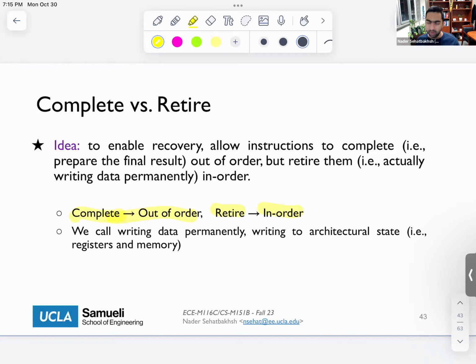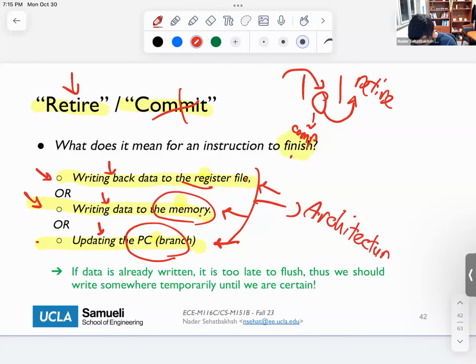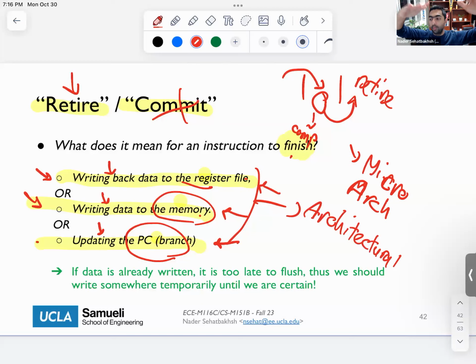One thing I want to mention is that we call this register file, memory, and PC the architectural state. Remember, we had microarchitecture and architecture. The difference is that microarchitecture is the unit behind the architecture that is invisible to the software developers and the operating system, while the architecture layer is what is visible to them.